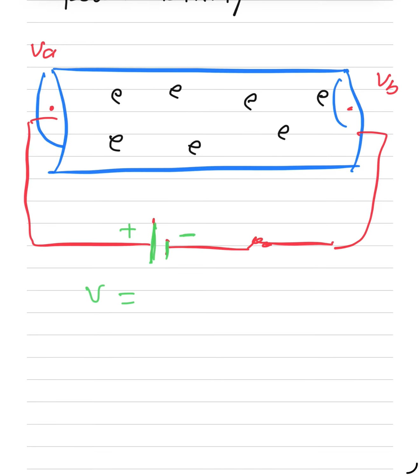Potential difference V equals VA minus VB.